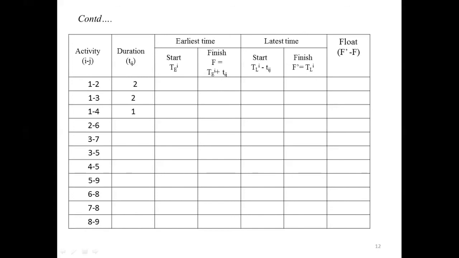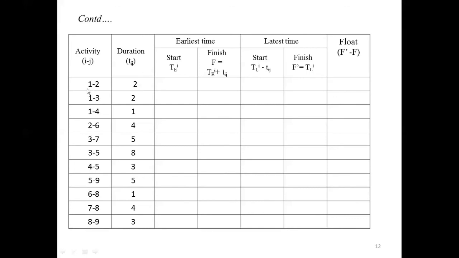You have 2, 1, 4, 5, 8, 3, 5, 1, 4, 3. After writing the duration, you have to write the third column, that is the earliest start time for the initial node of an activity.